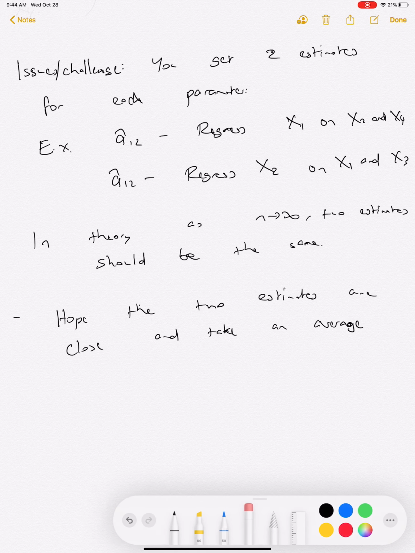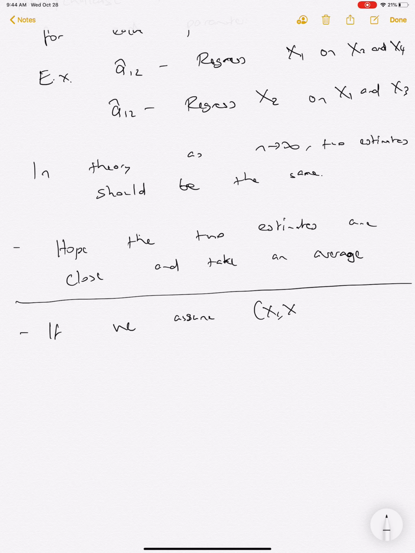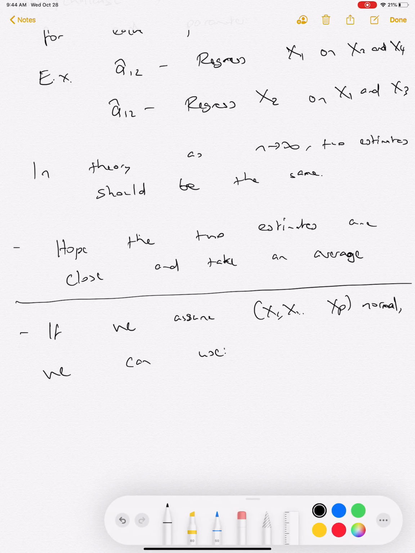And so in the normal case, there's a way to overcome this. If x1 through to xp are normal, we can use a different approach.